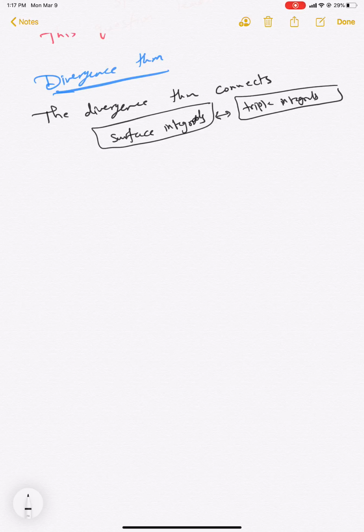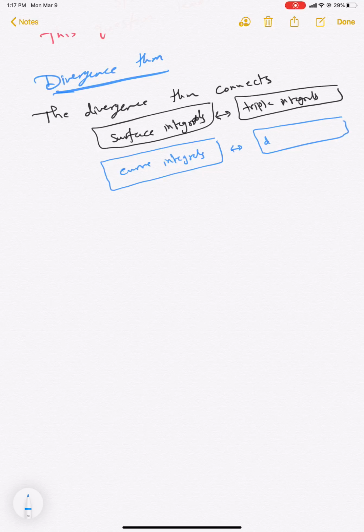And I'm sure at this stage, many of us remember how curve integrals are connected to double integrals using Green's theorem. Just to remind you, Green's theorem is a tool that converts the curve integral into a double integral like this. This was the formula for Green's theorem.